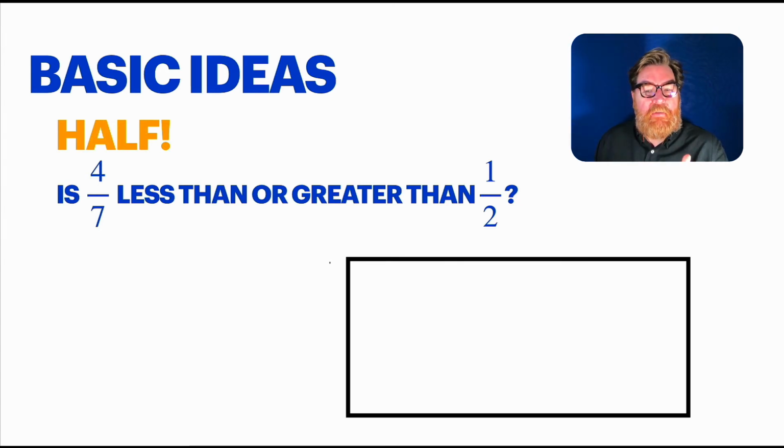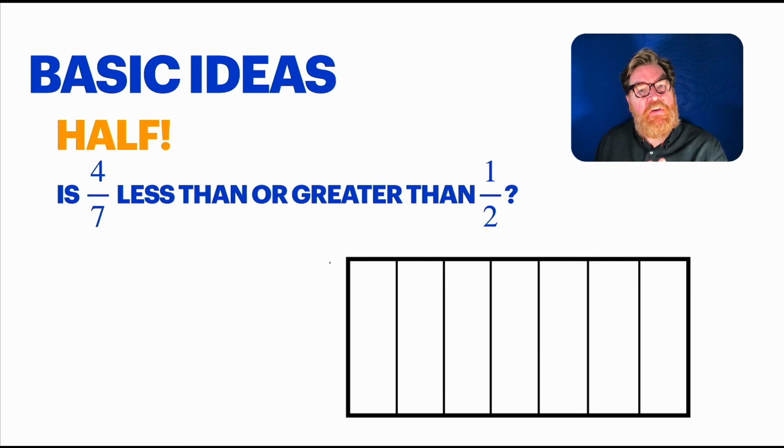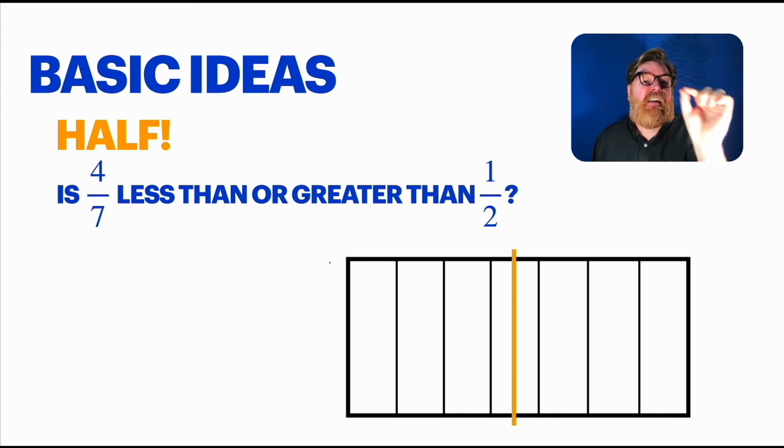Well, if you got the bar, you split it up into 7 equal pieces. Let me just slice it right down the middle. If you notice, half of 7 pieces is 3 and a half of another bar. It's 3 1/2. Half of 7 is 3 plus another half of a bar.